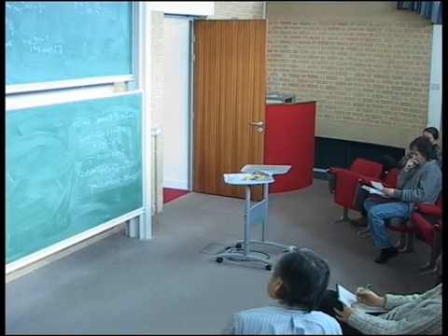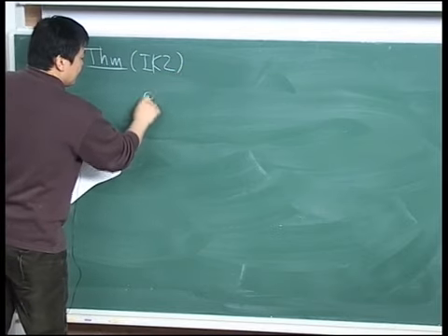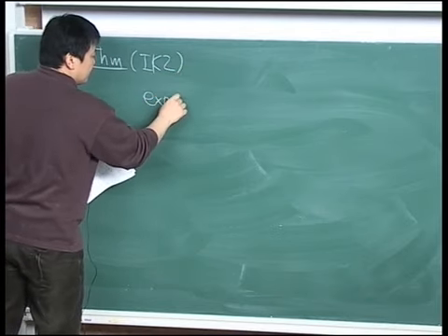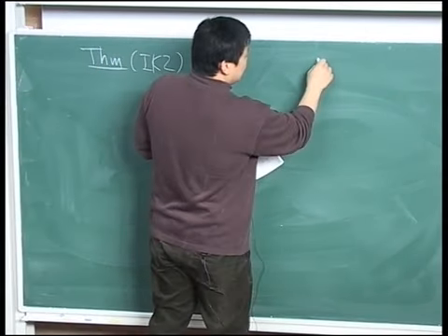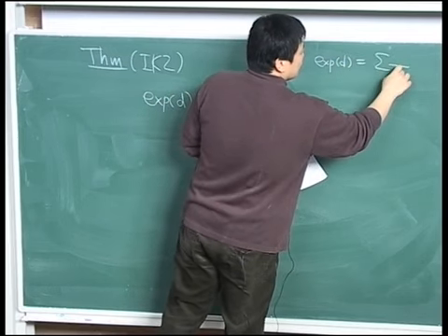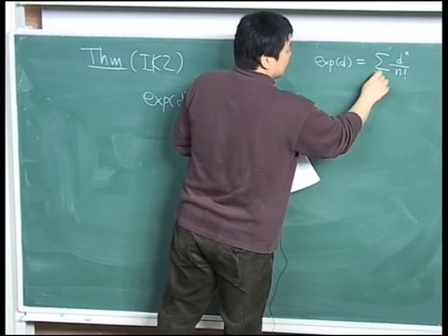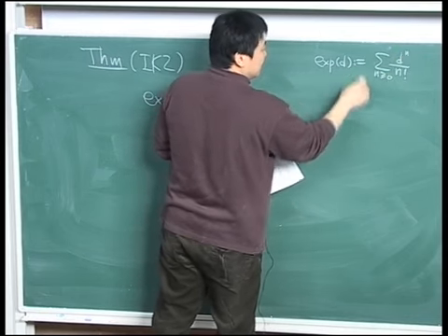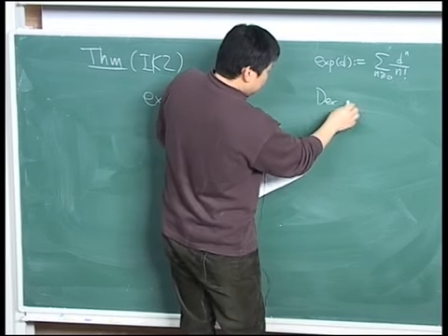This is a theorem. Exponential of d means the sum of 1 over n factorial, d to the n. This is a definition, and this is a general fact.